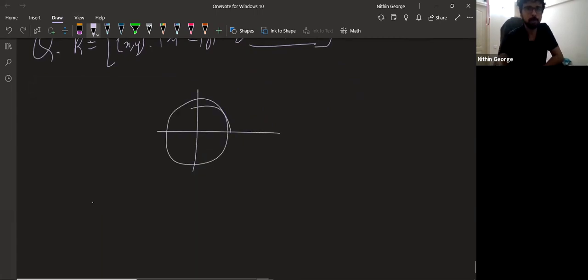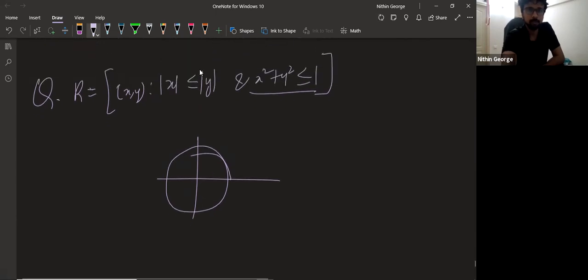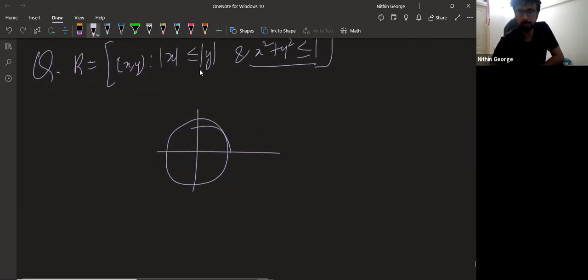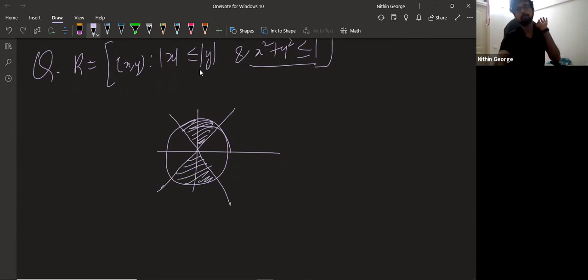Now, when I say mod x less than or equal to mod y, I have to basically draw 2 lines, x equal to plus y and x equal to minus y. Where is mod x less than or equal to mod y? In this region? That's what I want you to understand. We are looking at the area of this region.